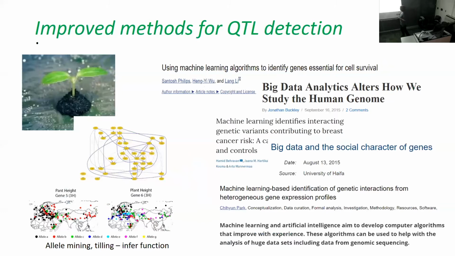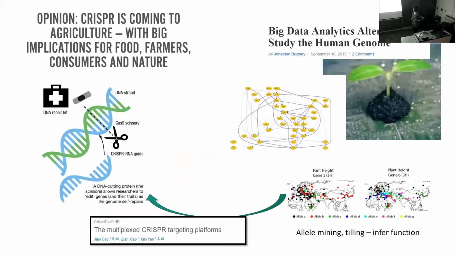We're also seeing a lot of new information coming out of allele mining technologies, which is really exciting, where you look at the diversity of alleles across your species and try and track them to a particular geographic location or a particular phenotype. And you can use that also to understand your traits.